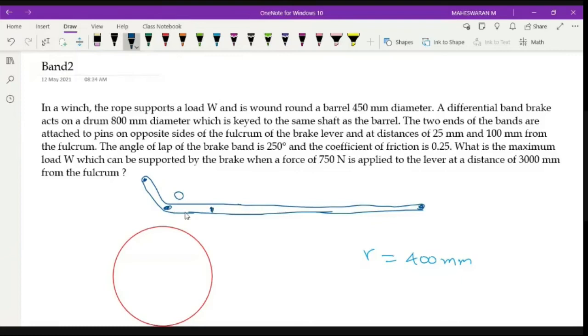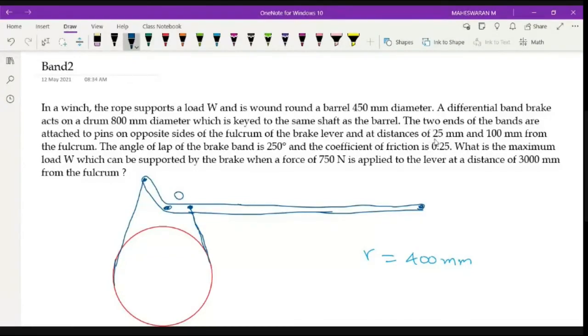I don't have much space, so B will come here, otherwise I would put it here. It doesn't matter. Now this is connected to your band, and the band is connected to your drum.